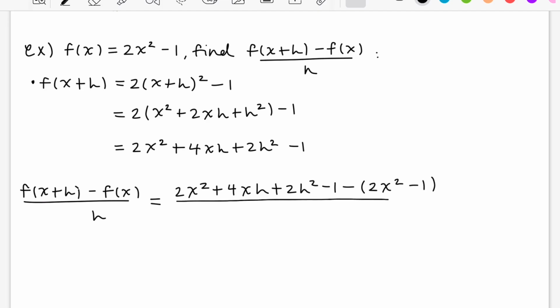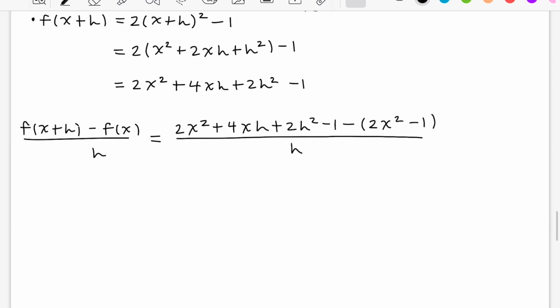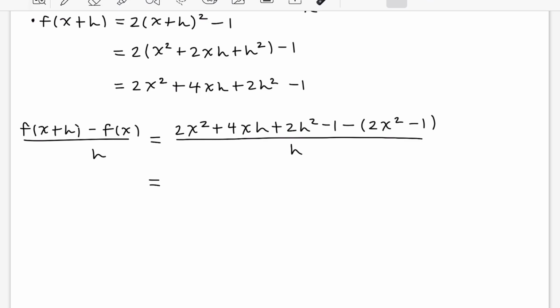And this is all over h. Okay. So the next thing I'll do is distribute this minus to both terms here. So we still have this here. Then we have a minus 2x squared and a plus 1.